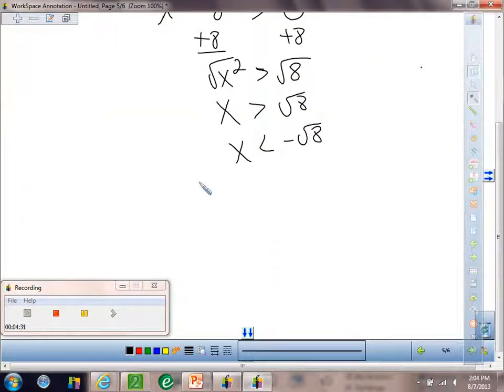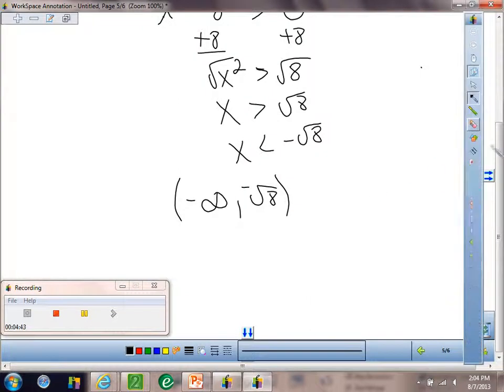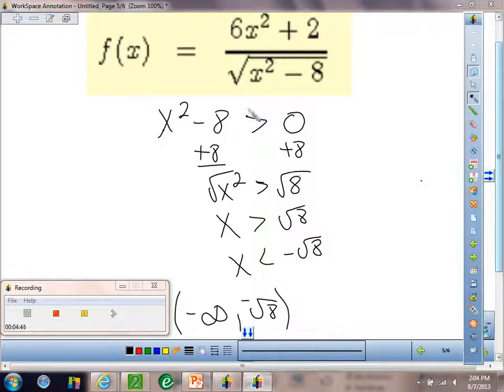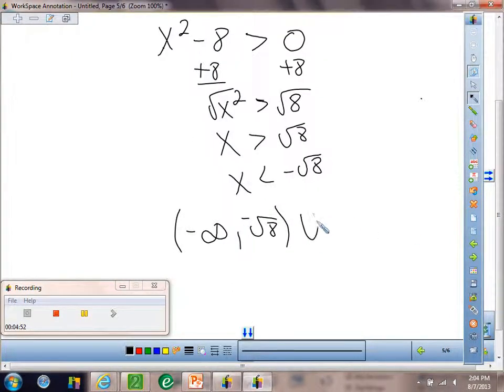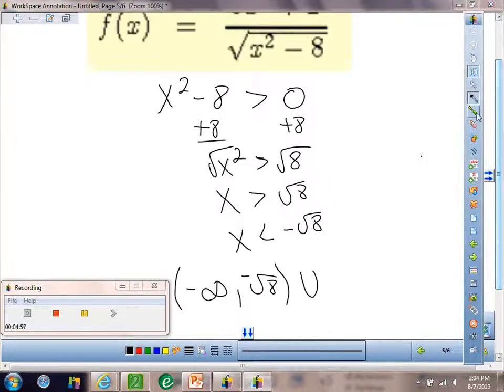Alright, so to write the set, x can be anything from negative infinity to negative square root of 8. Now remember, it doesn't include negative square root of 8 because that would make this 0. So we have the parentheses. Then we do union. Now, where you have to be careful with this is between negative square root of 8 and positive square root of 8 does not exist.